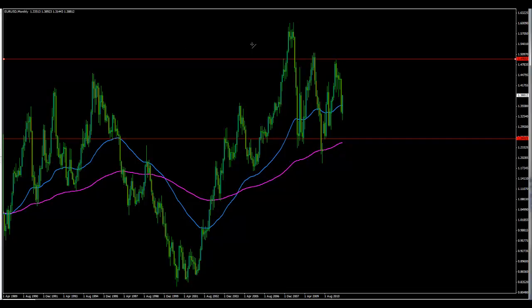If we pull in some diagonal, we can see what could be almost a symmetrical triangle in here. Okay, so it appears that we came down and bounced off of this support here on the euro, and are heading up.